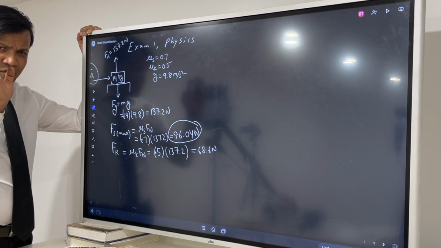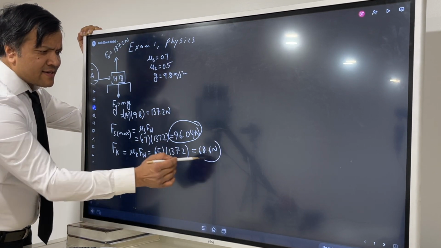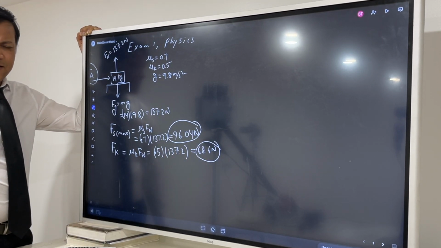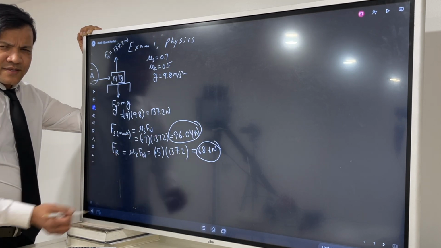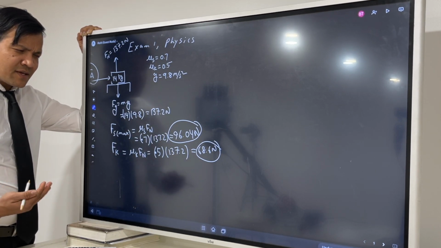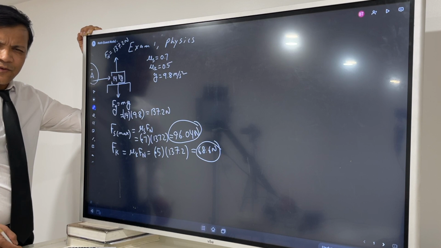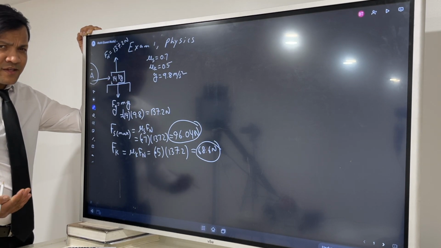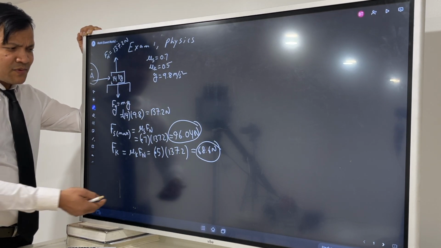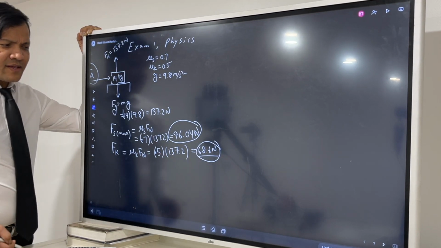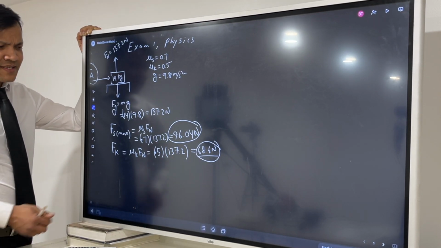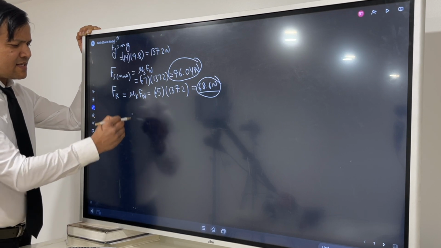Once the box starts moving, all you need to apply is 68.6, because you first have to overcome the inertia. To overcome the inertia, you need 96.04, and once you overcome it, you have to apply only 68.6, which you can understand from the friction graph.